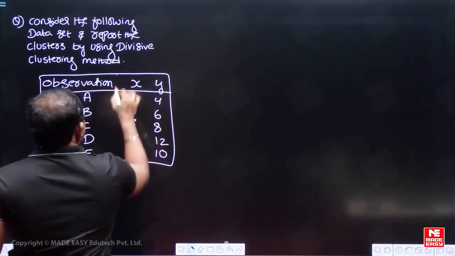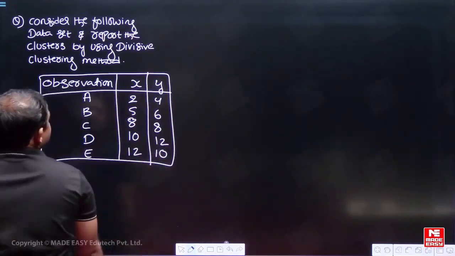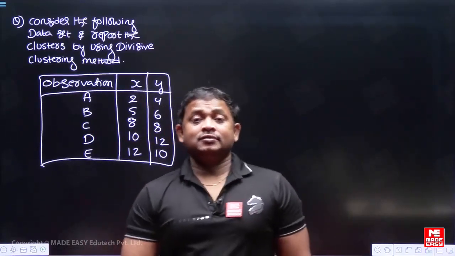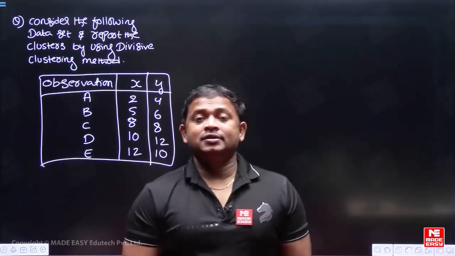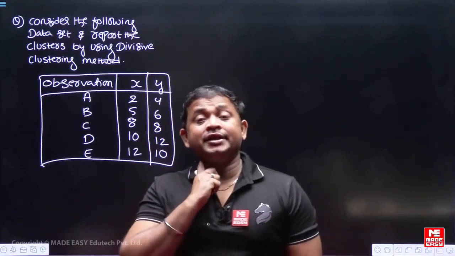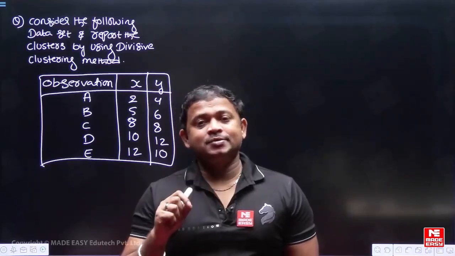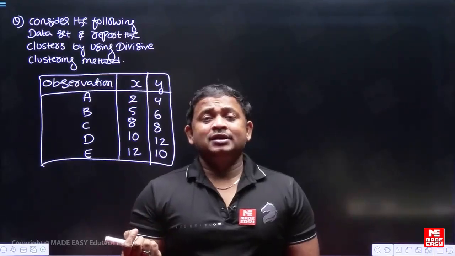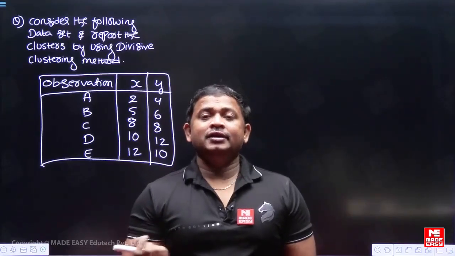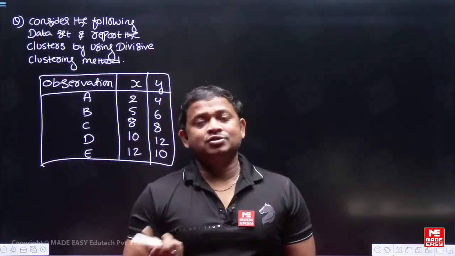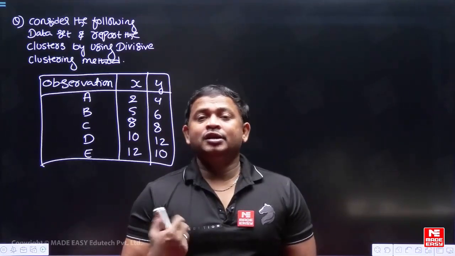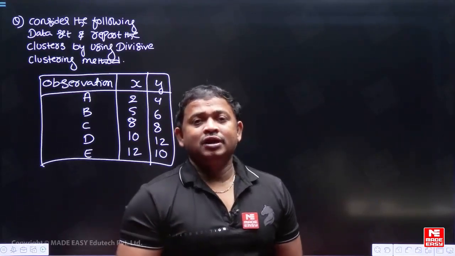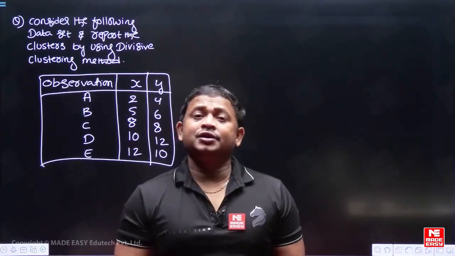So when the question is like this, your responsibility will be increased. What is your responsibility? First, to generate the dissimilar matrix, that is distance matrix, based on the measure of Euclidean distance. Later, arrange the data points in ascending order. After that, construct the minimum spanning tree. Then remove the edge which is having the more distance. Repeat the same procedure until all edges are removed in the tree.